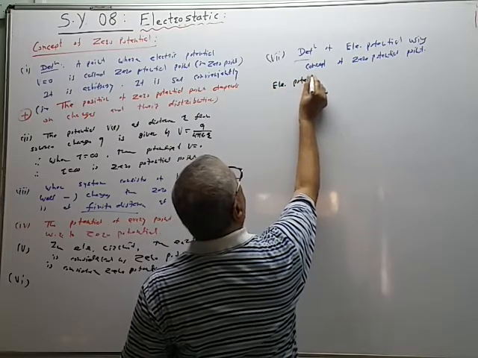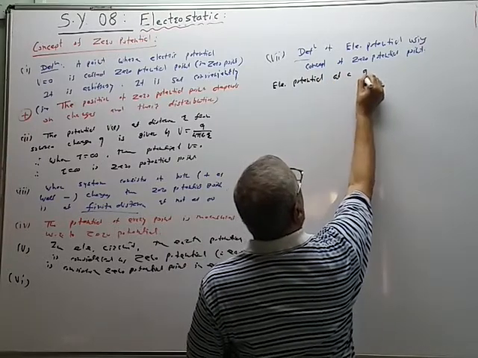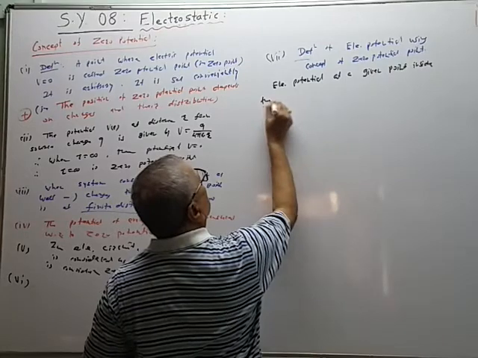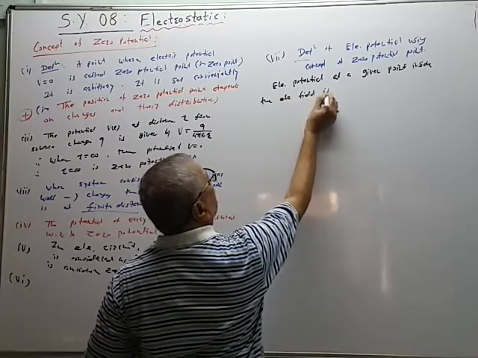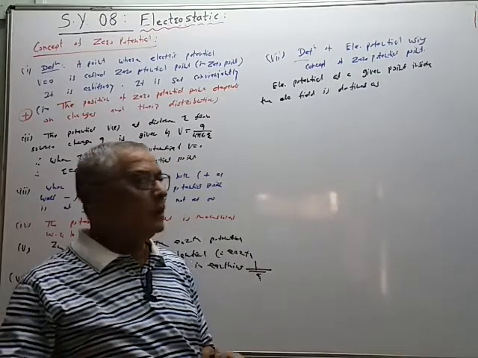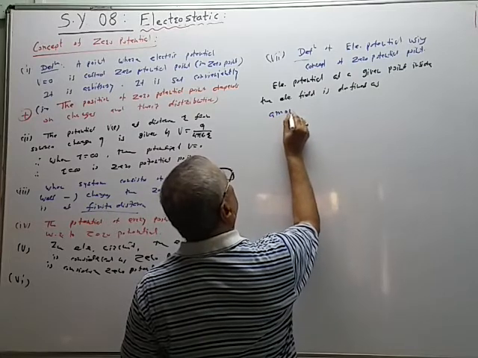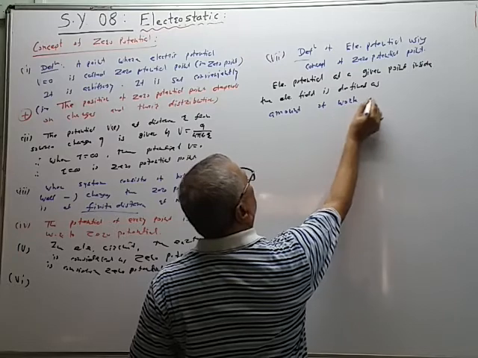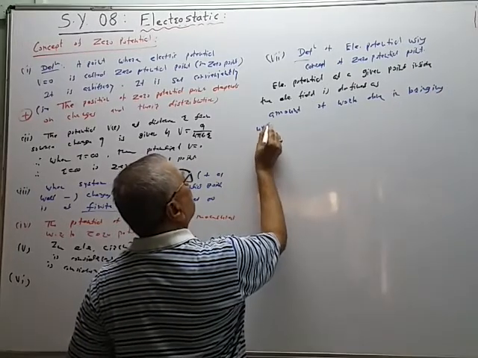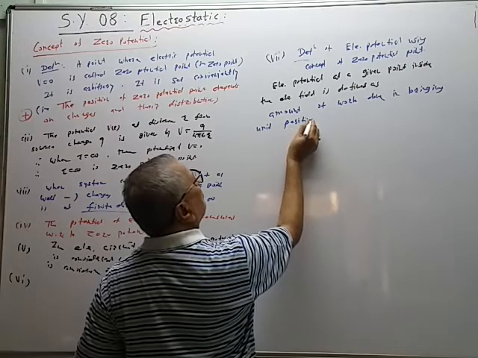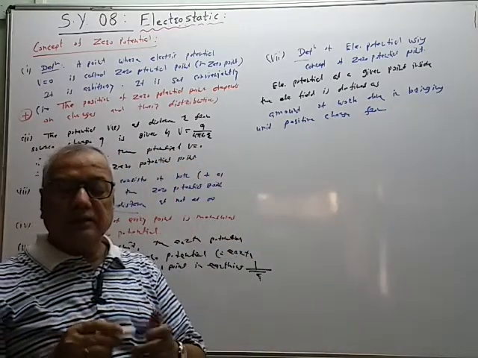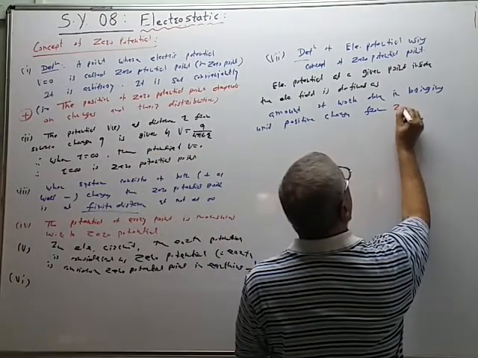Electric potential at a given point inside the electric field is defined as the amount of work done in bringing unit positive charge from infinity. इथे चेंज करायचं आहे, फ्रॉम इन्फिनिटी, त्याच्यासाठी काय होणार, फ्रॉम झिरो पोटेन्शियल पॉईंट.